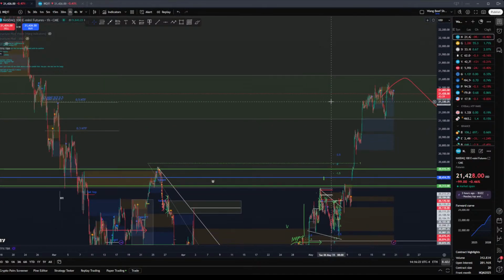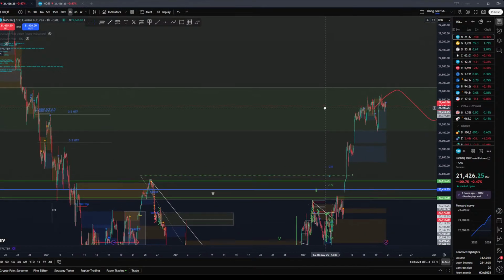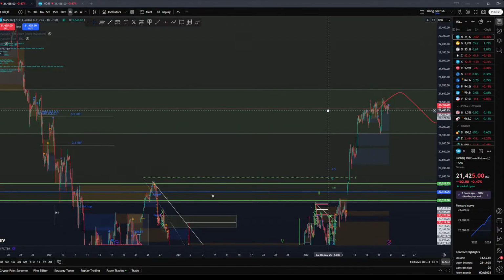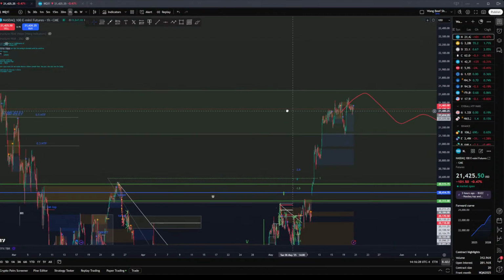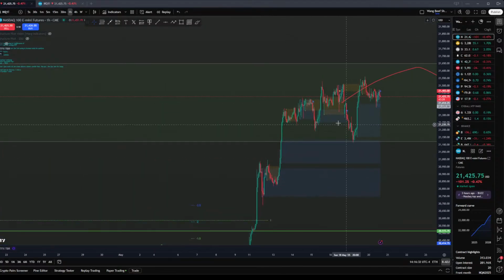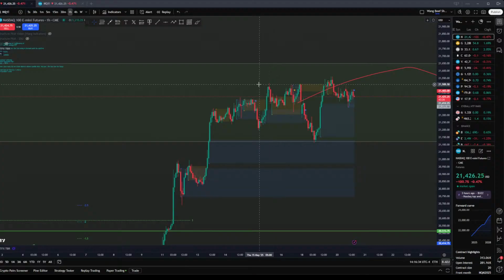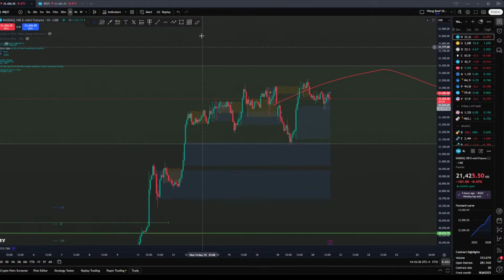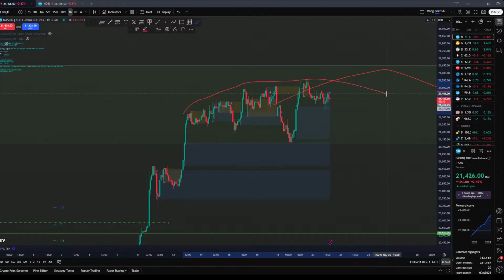I'm just checking what happened at my levels. It appears that we got some short going on. But is this not looking like a higher time frame rounding?